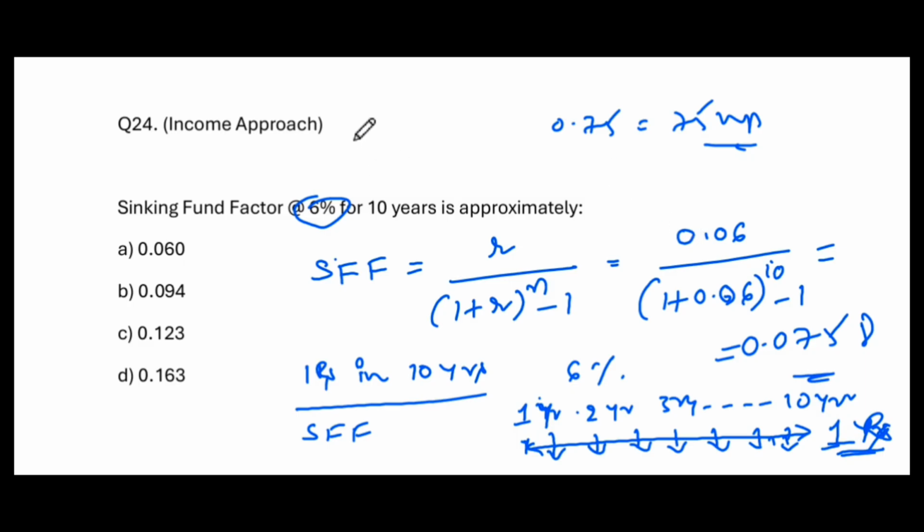For better understanding, if I have to make 1 lakh after 10 years at the rate of 6% interest, how much do I have to deposit? That is where SFF comes into the picture: SFF, the sinking fund factor, into the target amount.